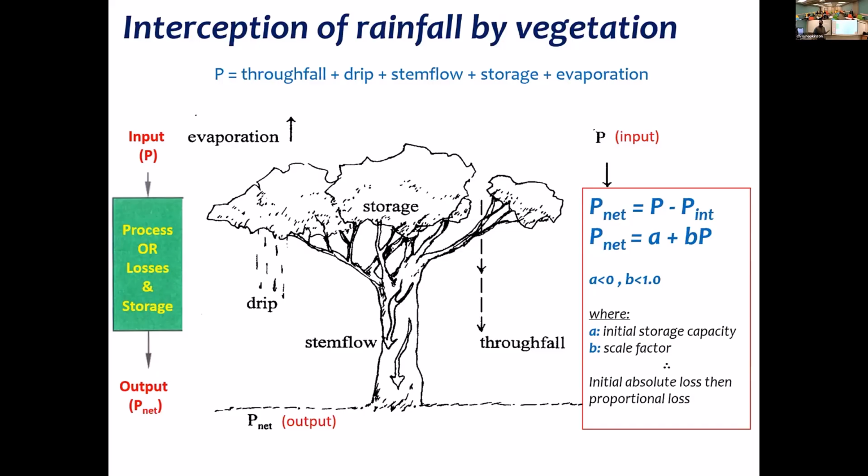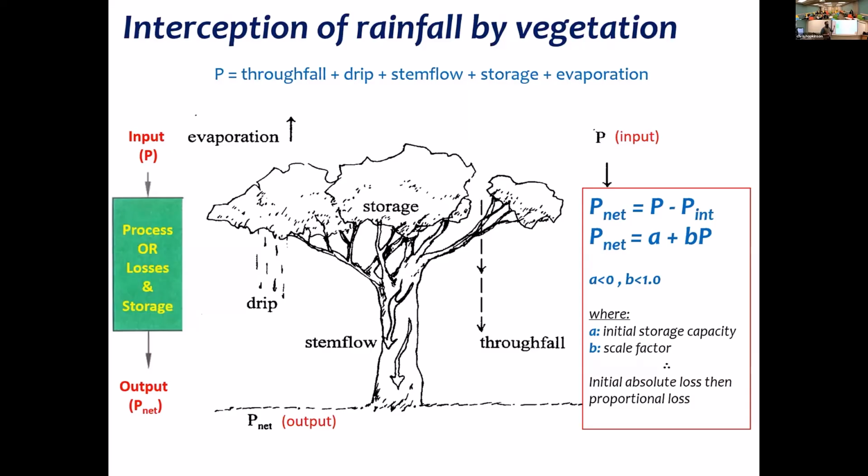So we've got interceptions and some others. We don't really get to understand the relative proportions of these processes in this algorithm. We're really just lumping everything together as an initial loss, I, and then the proportional loss after that initial loss is satisfied.